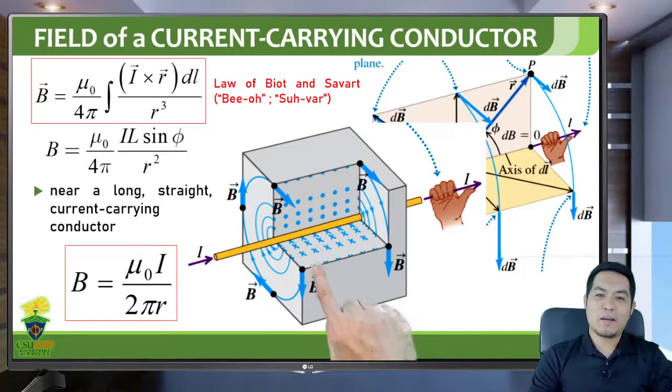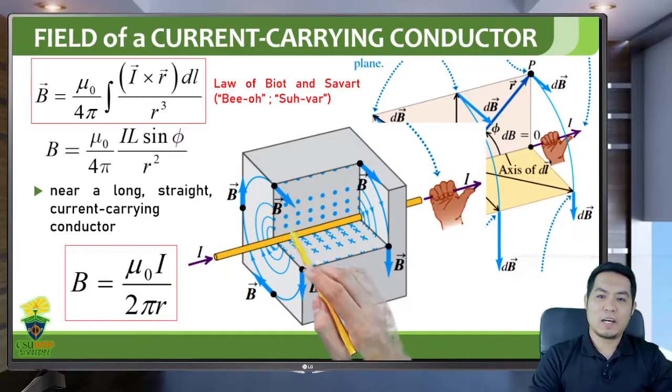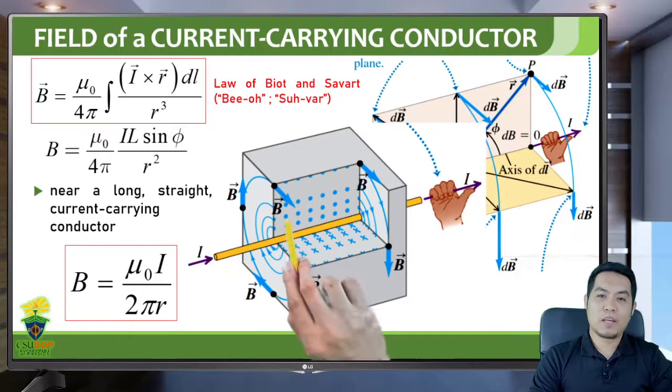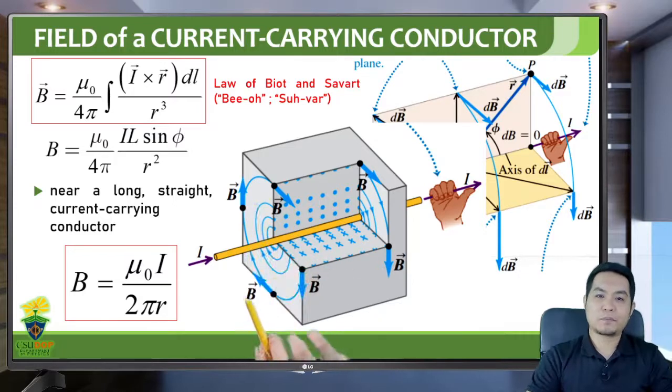In a three-dimensional view, this is the direction of the magnetic field. You will notice that above the wire, the magnetic field is out of this plane and then goes inside, actually curling around the wire.